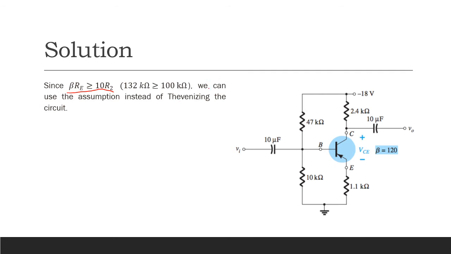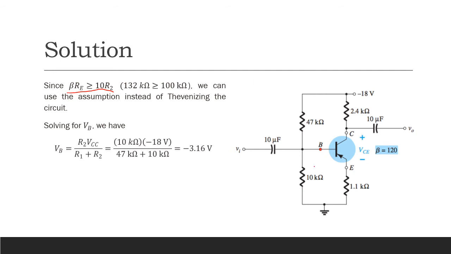Then instead of mag-Theveninize, ang gawin na lang natin is mag-assume na sobrang liit lang nung current na napupunta doon sa isang side ng circuit natin. So kung ganun yung case, yung VB natin, that is approximately equal to the voltage at this point. Sorry, hindi pala sa R1, sa R2. Kasi di ba, ang assumption natin, yung voltage mo at this point with respect to ground, that is also your voltage from this point papunta sa ground.